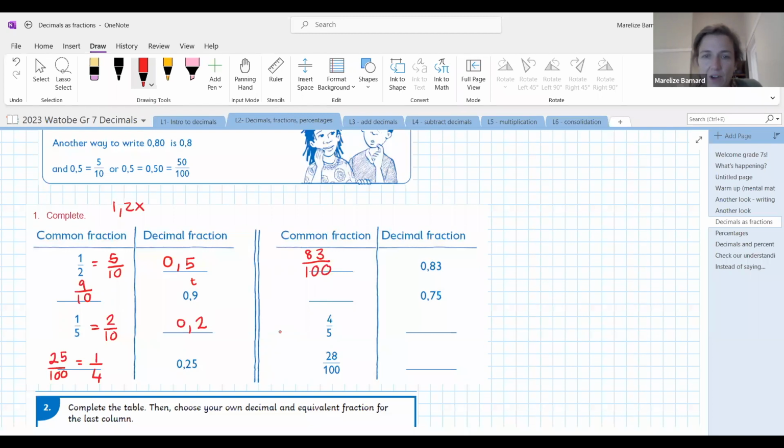And 0,75. What is that? And I want a simplified answer. That's 75 hundredths. And what is that simplified, Anya, thank you. That's 3/4, because 25 can go into 75 3 times and 25 can go into 100 4 times.